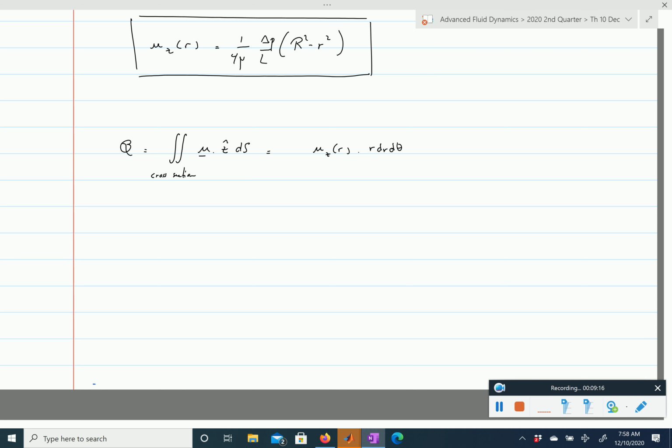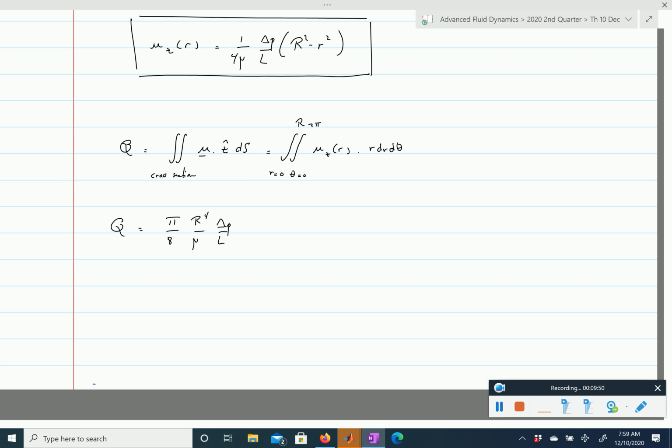So we integrate from r equals 0 to capital R, the surface of the cylinder, and we integrate theta from 0 over the entire circumference, so to 2 pi. And when we do that, we can compute Q, and it turns out that Q is equal to pi divided by 8 times r to the power 4 divided by mu delta p divided by L.